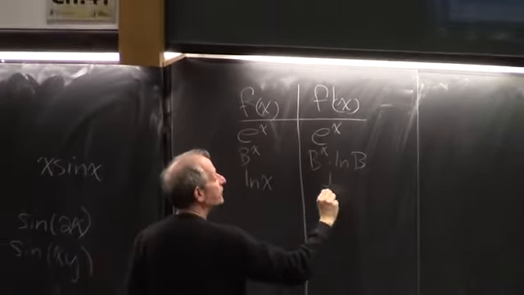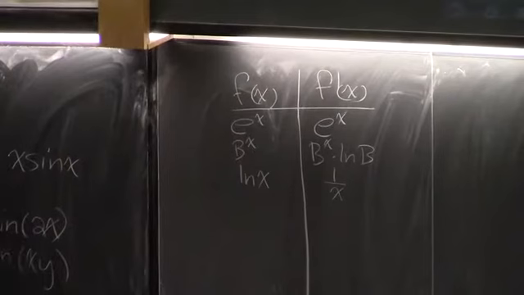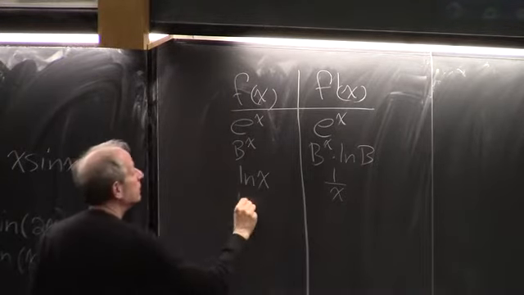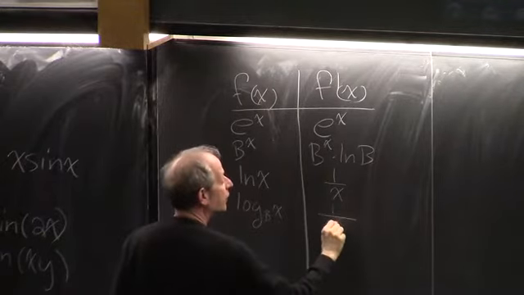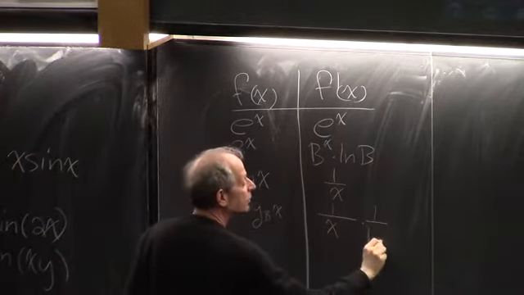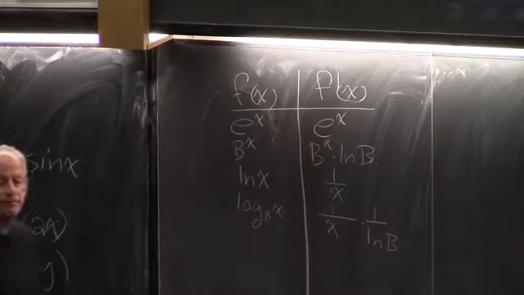Natural log of x, the derivative is 1 over x. And if it's a log other than natural log, log base b, it's 1 over x times 1 over the natural log of b.